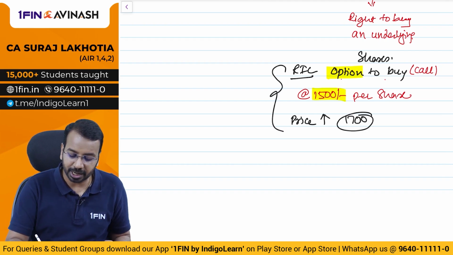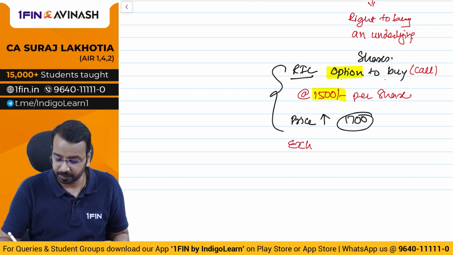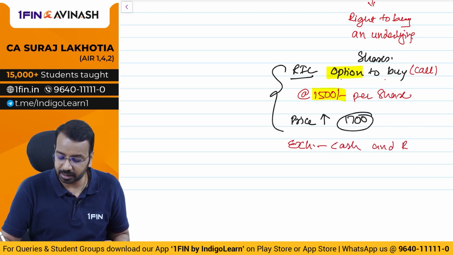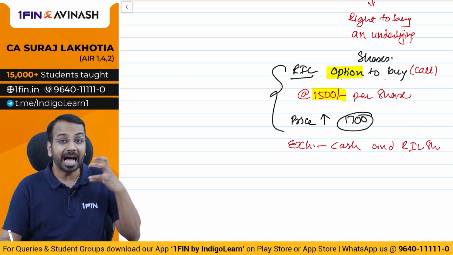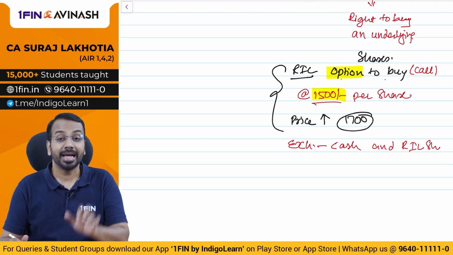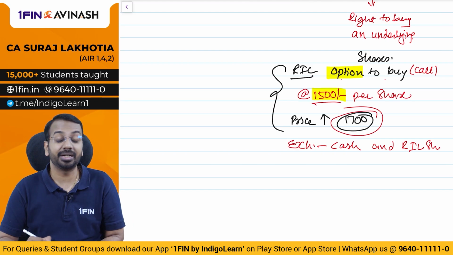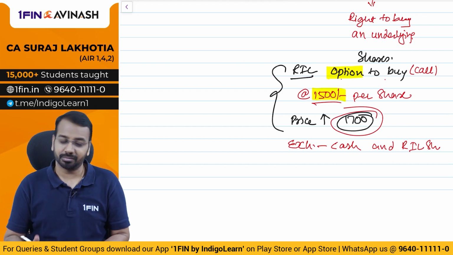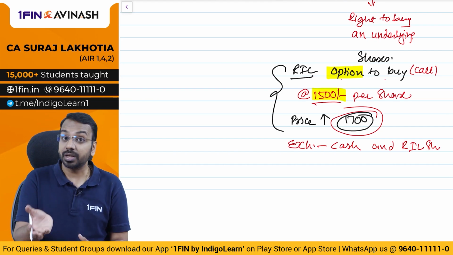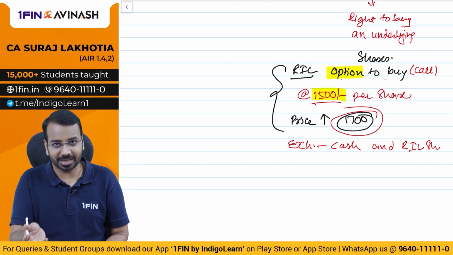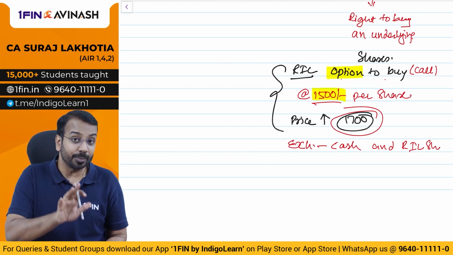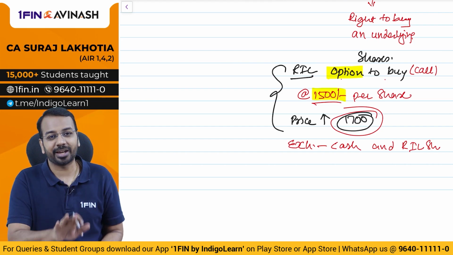I will exchange cash with Reliance Industries Limited shares. I will give cash 1500, I will take Reliance Industries shares from you which is worth 1700. So, is it favorable or not? Yes, of course, it is favorable. So, if there are exchanges of this type which are favorable, then we say there is a financial asset.